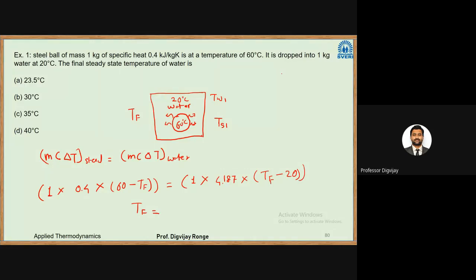So calculate and tell me the answer, TF, the final temperature. This was asked in GATE 1993 for 1 mark.